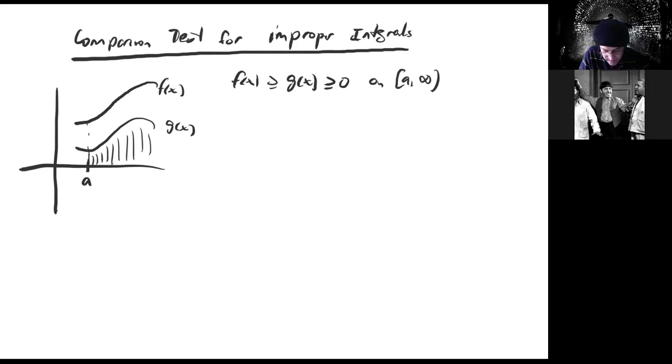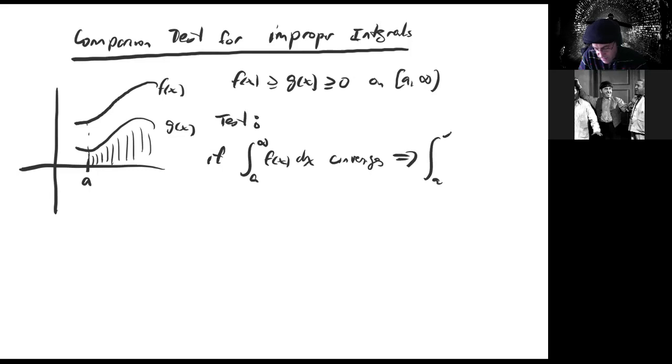So the test says this: if the integral from a to infinity f of x dx converges, then so does the integral from a to infinity of g of x dx. Likewise, you can state this in the opposite way, the so-called contrapositive way.